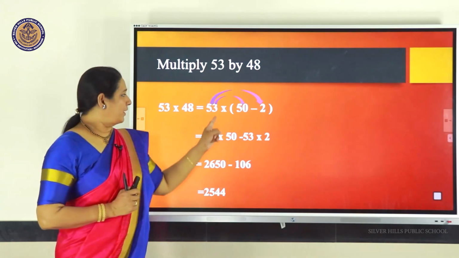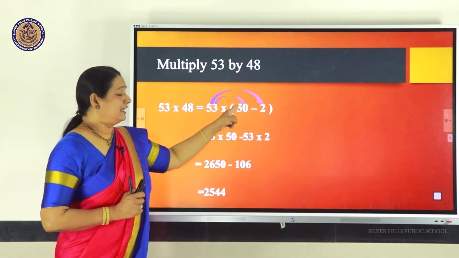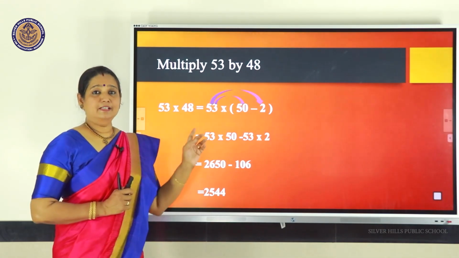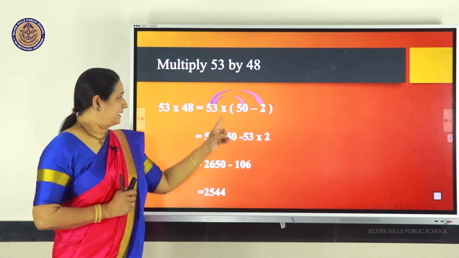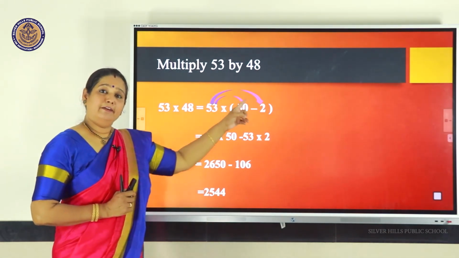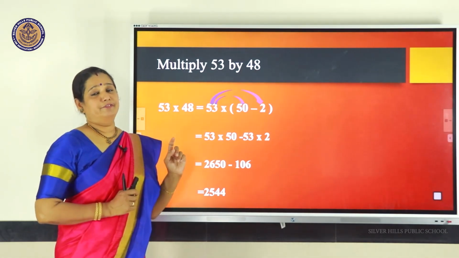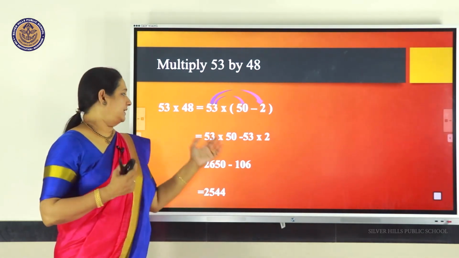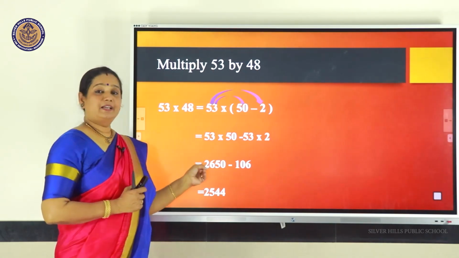First, you are going to multiply 53 into 50. Since you are applying distributive property, first you multiply 53 times 50. What is 53 times 50?